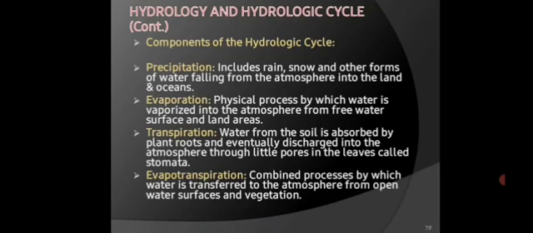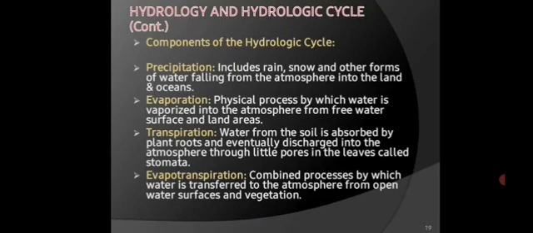It is the engineering word of rainfall. So precipitation is nothing but rainfall. The rainfall includes rain, snow and other forms of water falling from atmosphere to land and ocean.